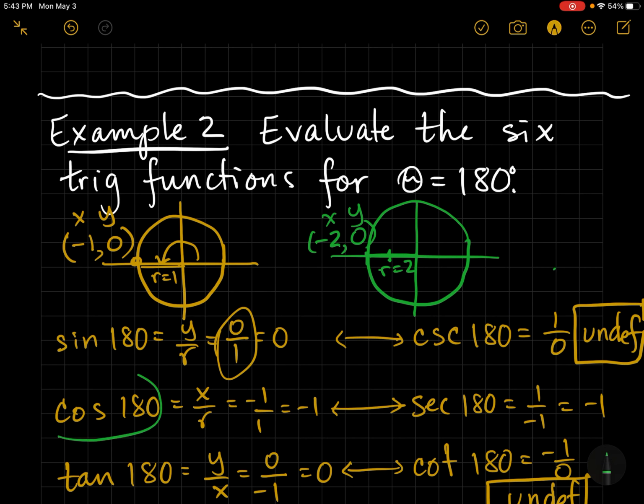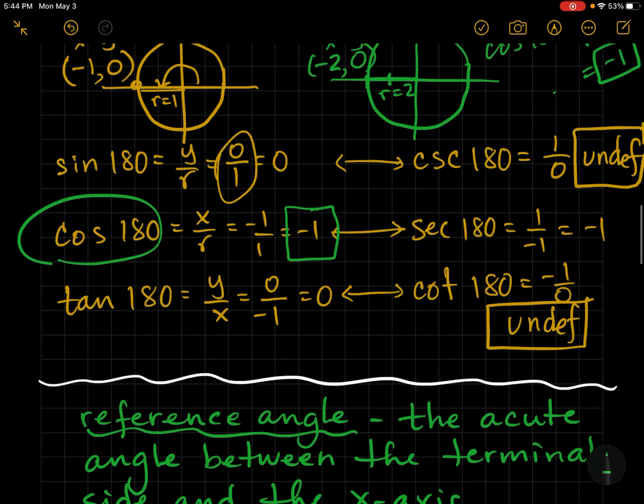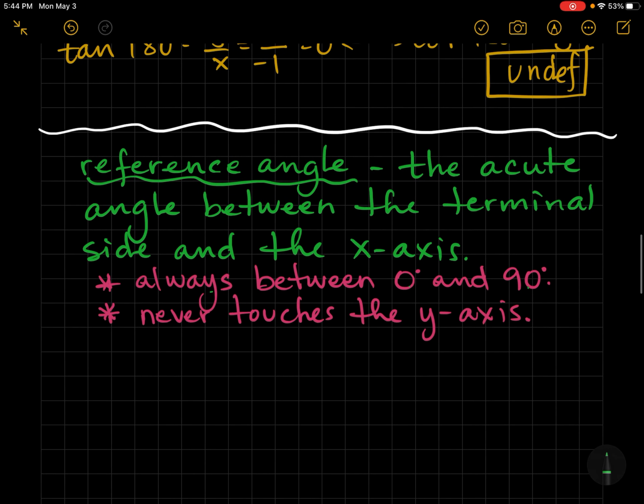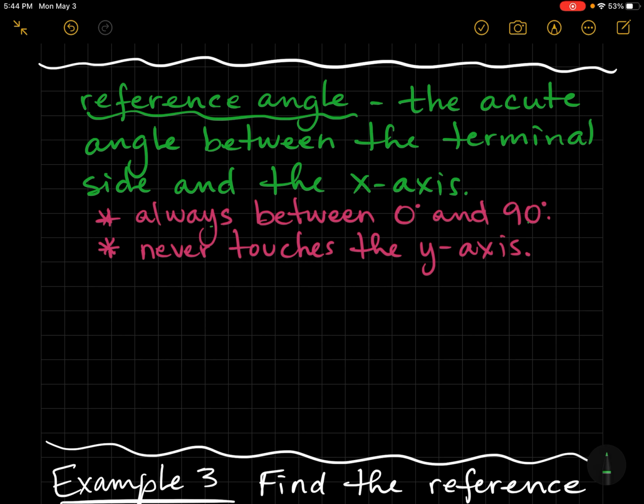For example, for the cosine of 180, x over r, x would have been negative 2 and r would have been 2, and that still would have reduced to negative 1, which is the same answer. But if we're not in the unit circle, then we have the hassle of reducing. So save yourself the hassle, just do it in the unit circle.